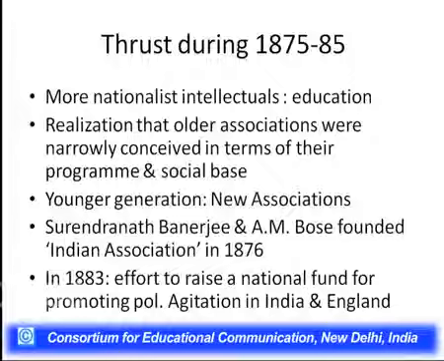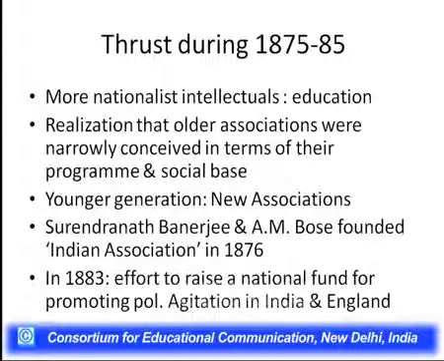Then what we also see during 1875 and 85 is that more and more people became nationalist intellectuals through education, and they also realized that the earlier associations were narrowly conceived, and the new generation started new associations.